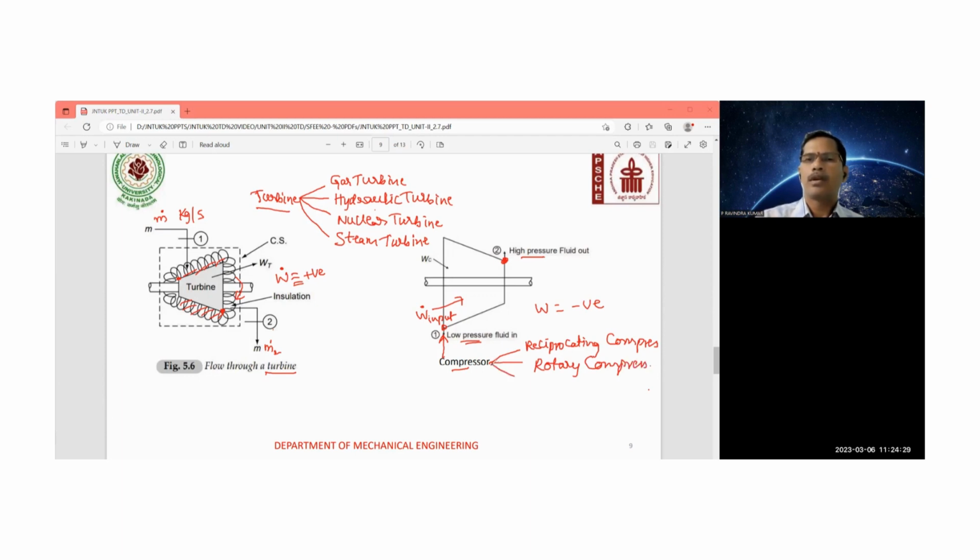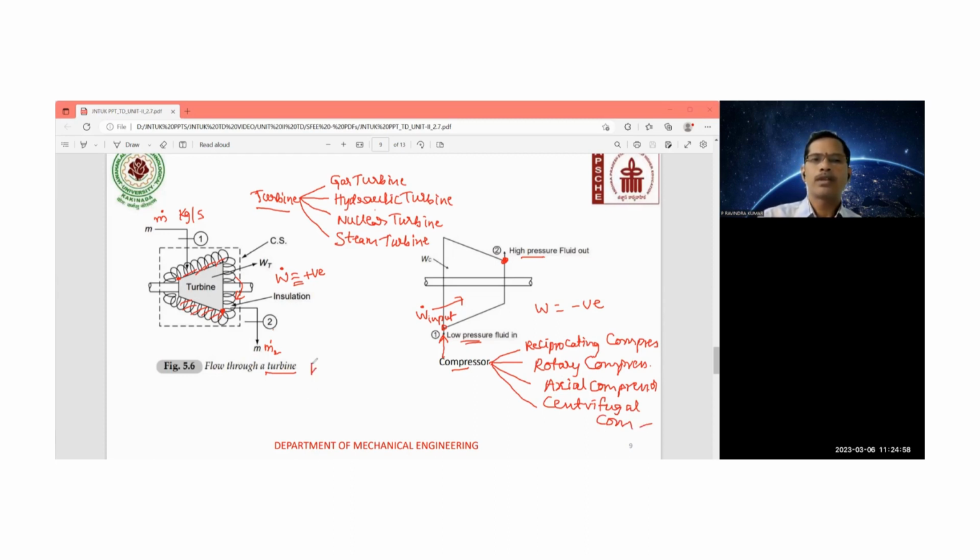I am discussing different varieties: the axial compressor, which is used in gas turbine applications and aviation purposes, and another one is the centrifugal compressor.